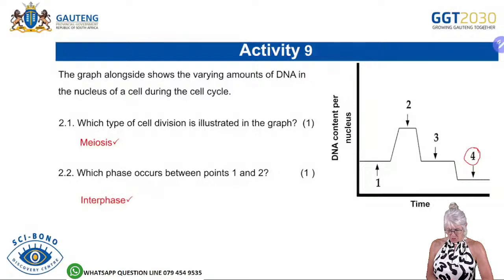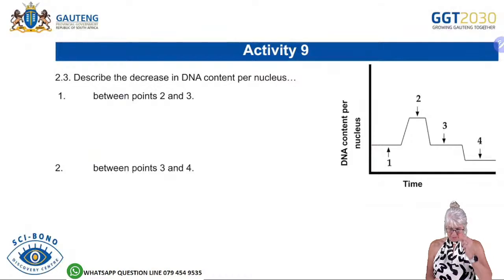And the way in which we know that is because we said the DNA went from a certain amount and then it doubled. Okay, and that's during DNA replication. So let's look at the next question. They say describe the decrease in DNA content per nucleus between points 2 and 3.